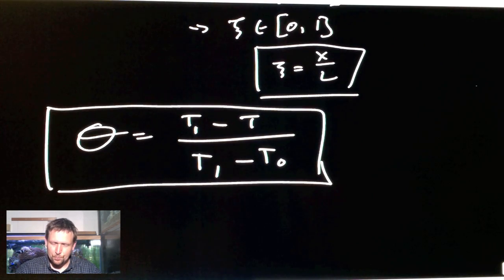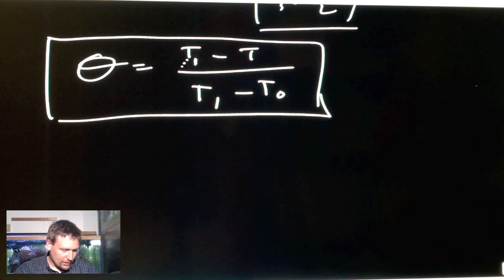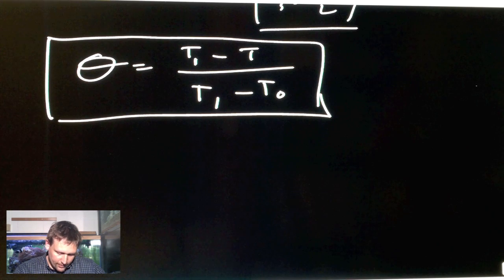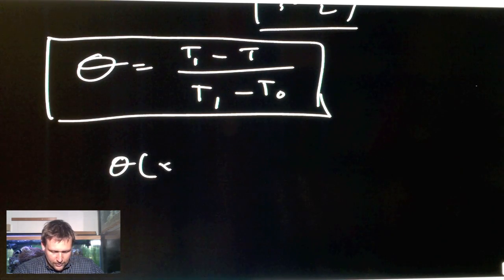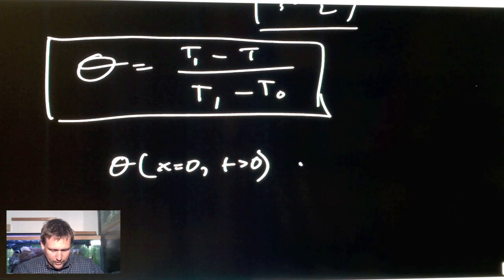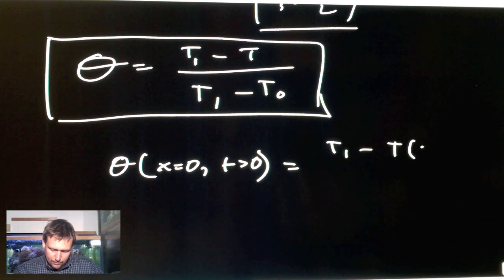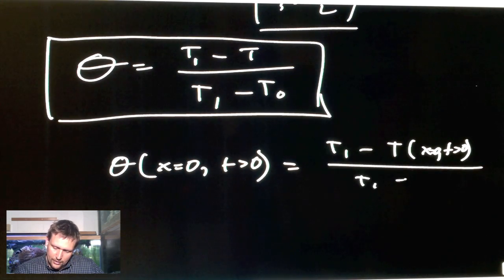Why is this a nice system of dimensionless units? Well, if you look at this and substitute it into the boundary conditions, what you'll see is that theta at x equals 0, for all time greater than 0, equals T1 minus your initial temperature boundary condition at that point, x equals 0, t greater than 0, divided by T1 minus T0.